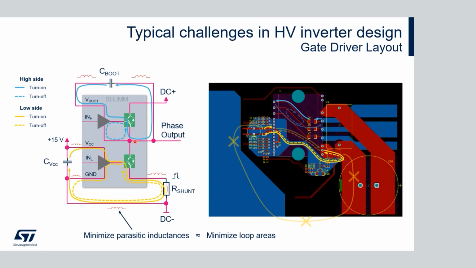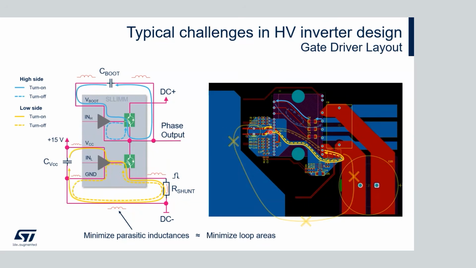The turn on current closes through the bootstrap capacitor, and the turn off is absolutely internal to the device, which translates on the layout to very small circuit loops, which means low inductances, low noise radiation, and low noise susceptibility.